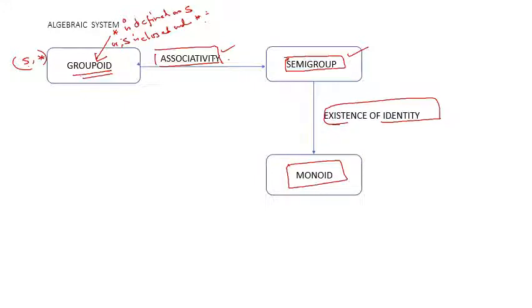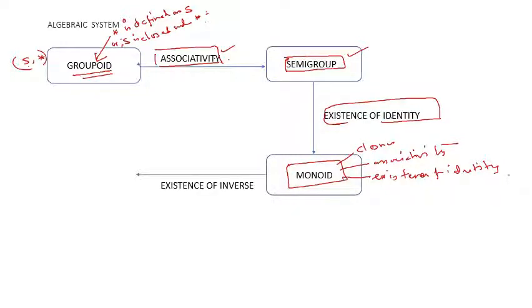তার মানে monoid এর মধ্যে actually তিনটে property রয়েছে, একটা হচ্ছে closure, একটা হচ্ছে associativity, and finally existence of identity. তার মানে একটা algebraic structure যার মধ্যে তিনটে property থাকছে, that algebraic system will be referred to as monoid.